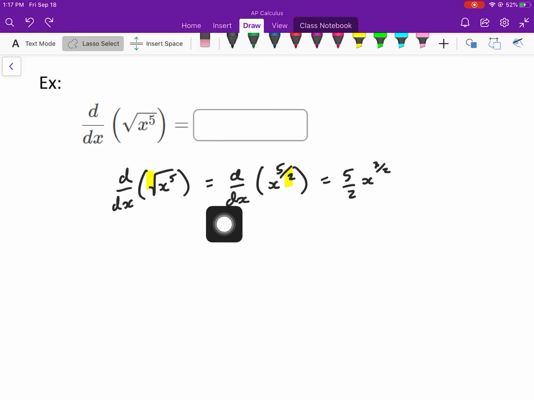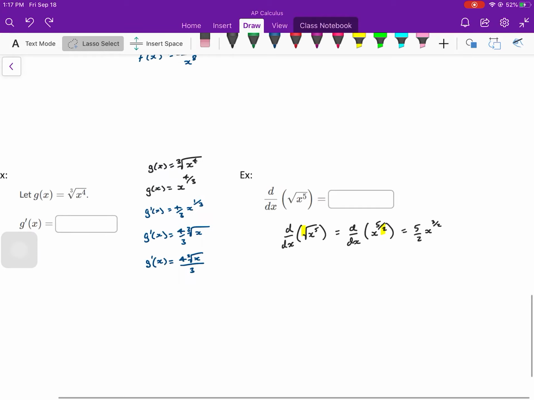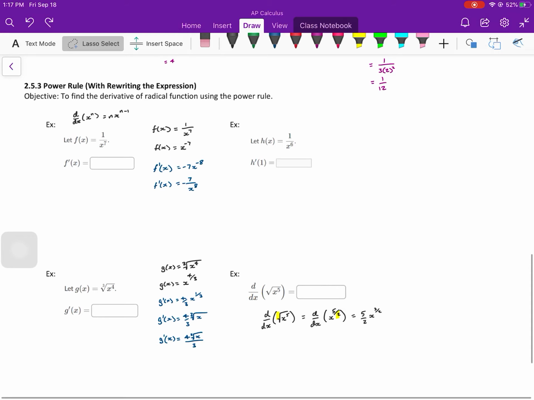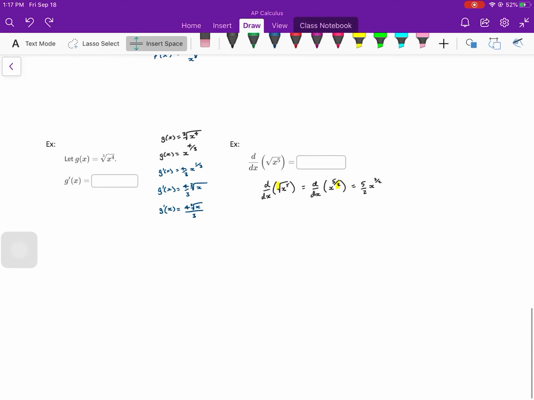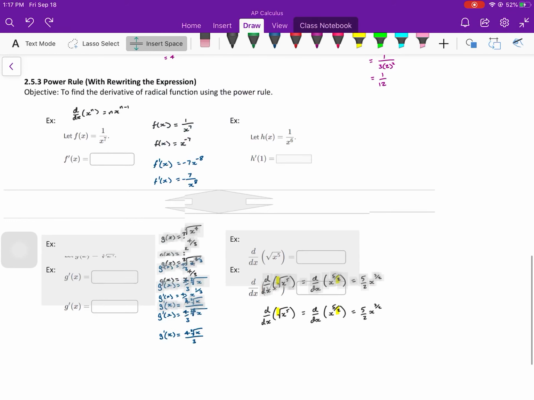And the other thing is, when you do d dx, see how I rewrote it? I still kept the d dx there, meaning I still need to take the derivative. Once I've taken the derivative by bringing down the exponent and taking away 1, now that d dx is gone. Like I said, that notation is what's going to make or break you on this assignment. So you've got to get used to it. The different forms in that notation are where people struggle, not so much the actual calculus part.